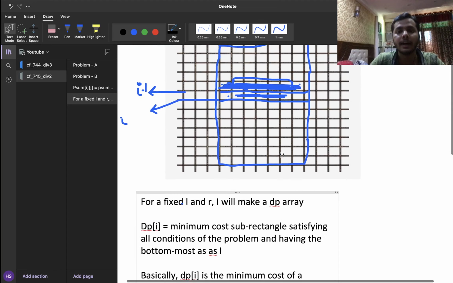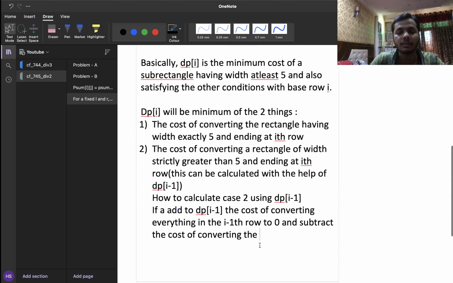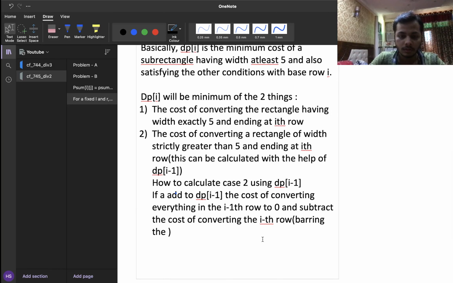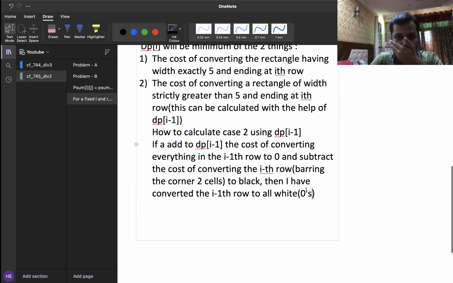So basically I am adding the cost of converting everything in this row to white, and subtracting the cost of converting the I minus 1th row, barring the corner 2 cells, black. Then I have converted the I minus 1th row to all white, that is zeros, right? And now I can simply use dp of I minus 1, right?